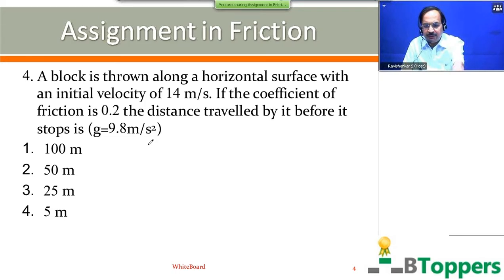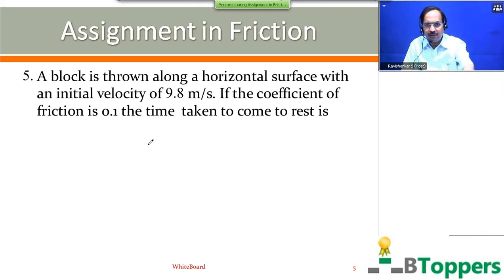Next I am going to discuss question number 5. A block is thrown along a horizontal surface with an initial velocity of 9.8 meter per second. The coefficient of friction is 0.1. The time taken to come to rest is, so take g as 9.8 meter per second square for this problem.